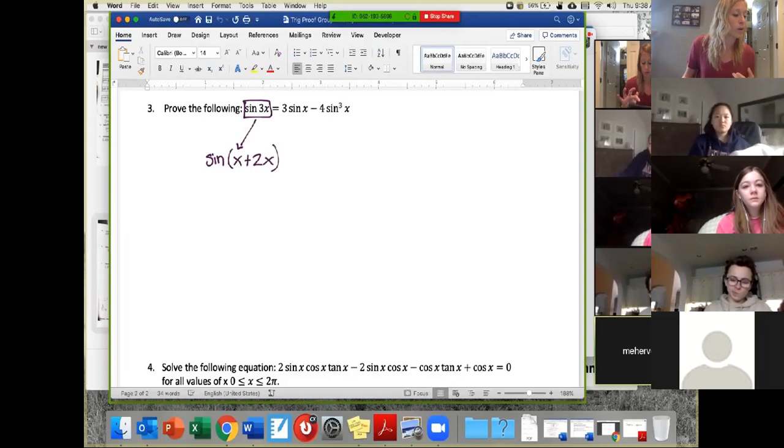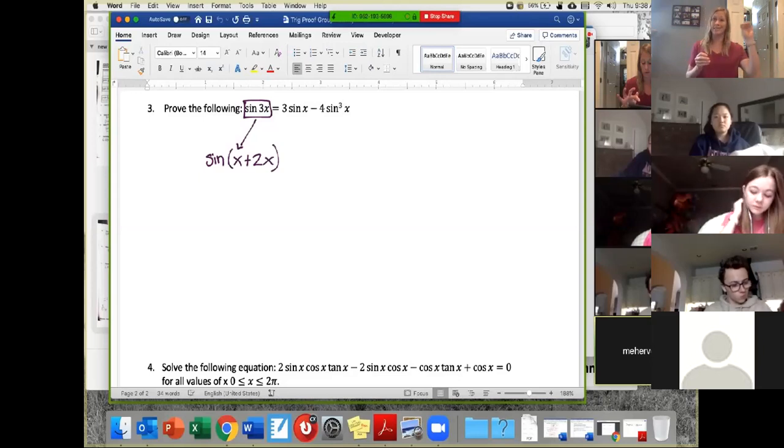In one of the homework questions that we did before, I think it was on page 208, we thought about sine cubed as sine times sine squared. This is another one of those thought process things. If you have something like this that you cannot find a formula for, try to split it up somehow. Now, what formulas can I use on this right now?